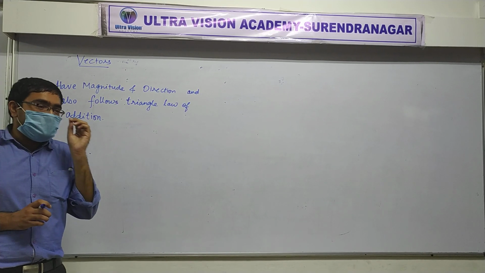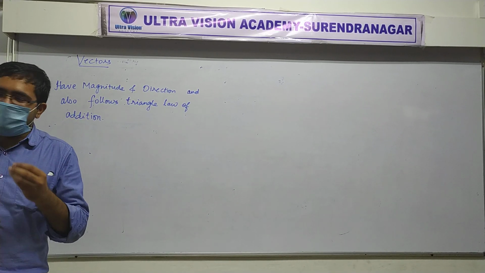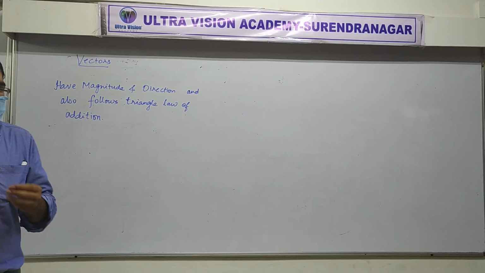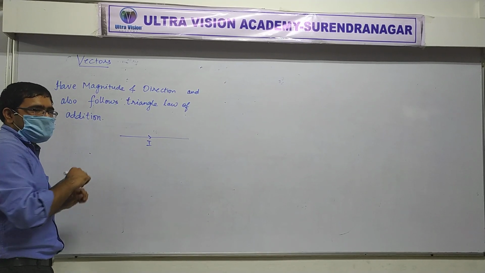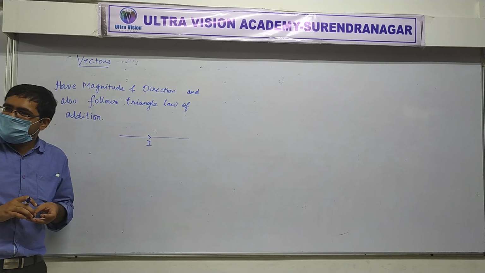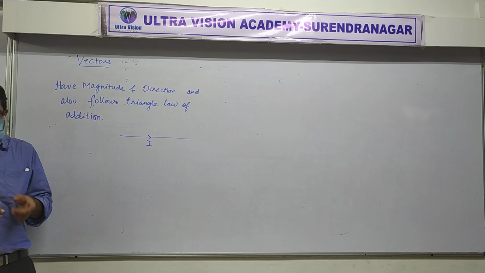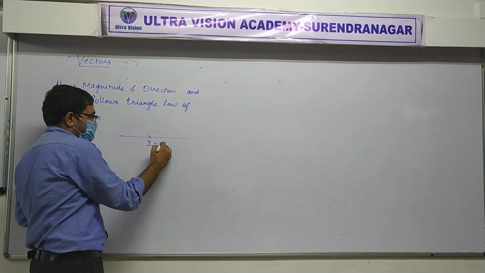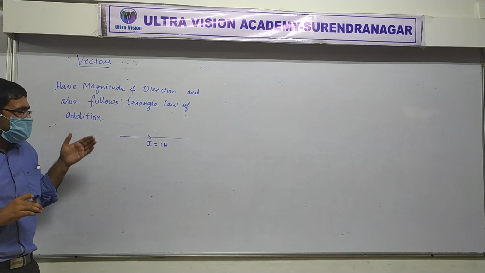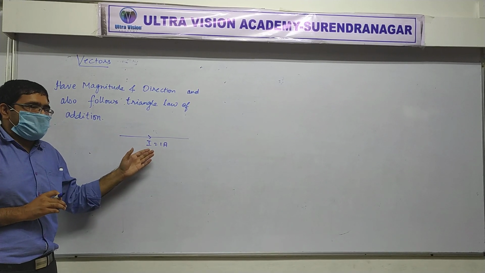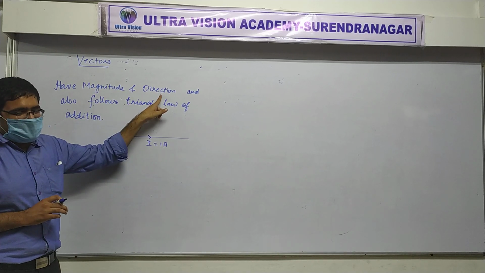Current is one such quantity. There are a few more, but current is the simplest one to understand. When you were in 10th standard, I'm sure you studied that there is a wire and current is flowing in this direction. So is current a vector? No. Current has a magnitude, for example 1 ampere, and it has a direction, right side.